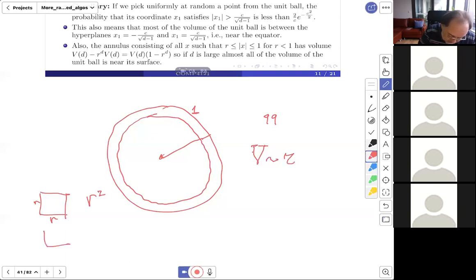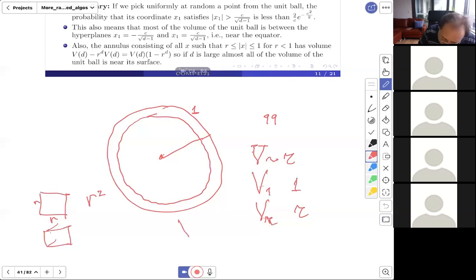If you take a ball of radius 1 and a ball of radius R, this is V1, this is VR. How are V1 and VR related?